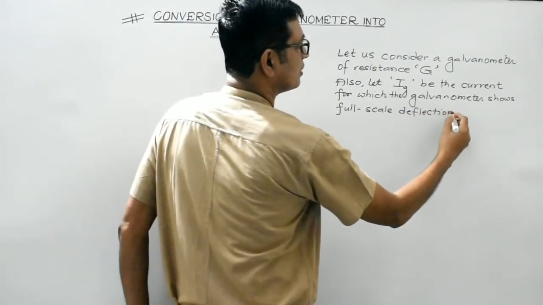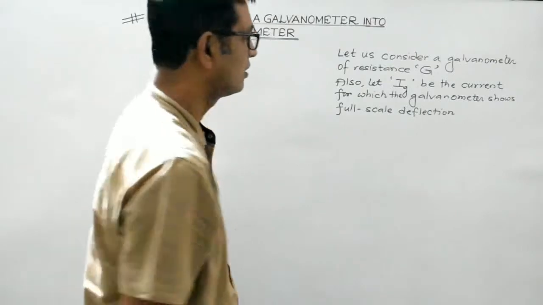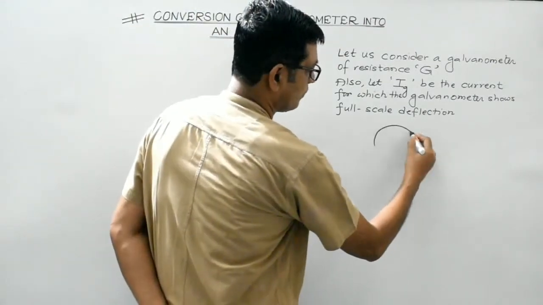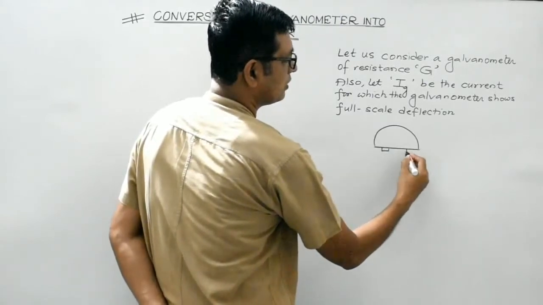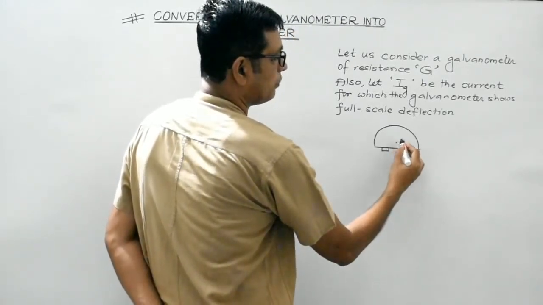What it means is, suppose this is a galvanometer. These are the two terminals, and this is the pointer.